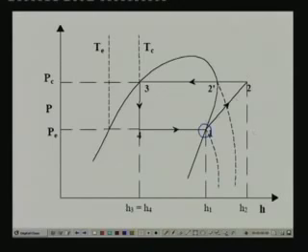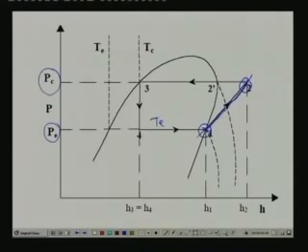Okay, so if you know this temperature, then you can find out this pressure, and you can locate this point, right? And you can also find the entropy at this point. Since the compression process is isentropic, you have to go along the constant isentrope, and where this constant isentropic line intersects the constant condenser pressure line, that is your exit of the compressor. Okay, so you can draw this process.